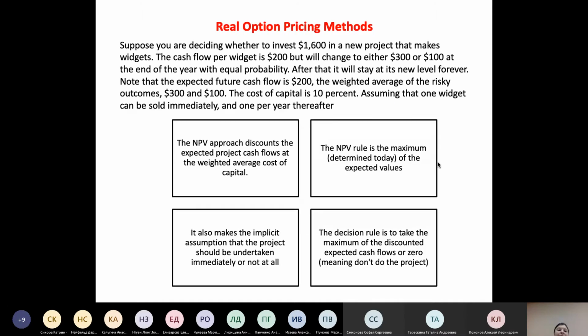And now let's start different tasks based on our options. As the first example of calculating a real option, I'd like to propose a classical example.